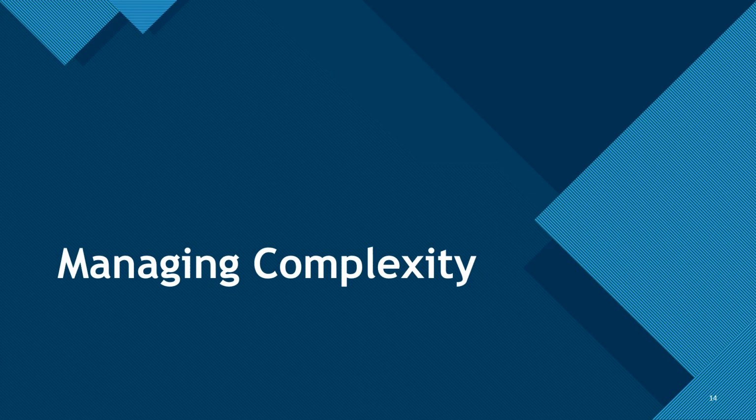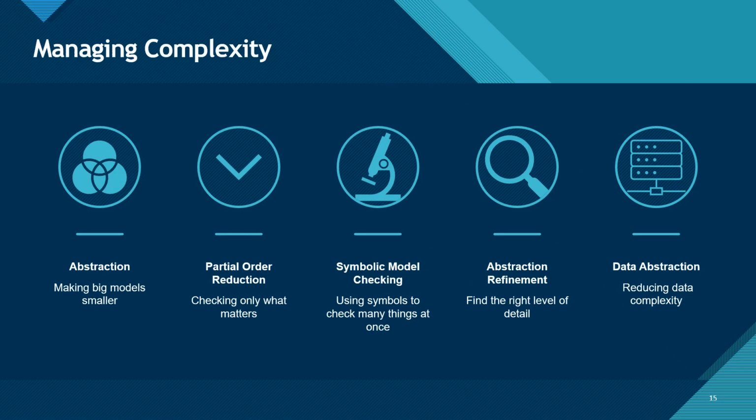Let us now talk about managing complexity, an integral part of model checking. Managing complexity can be better understood using the following techniques. Technique 1 is abstraction, the idea of making big models smaller and more manageable.